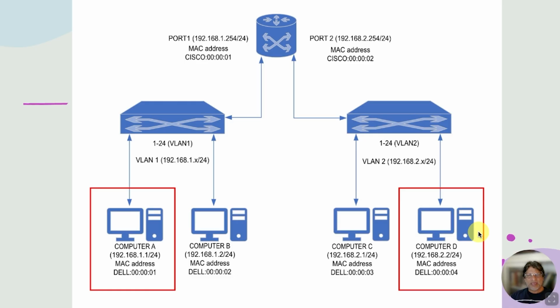If you remember back in lecture 7 of this course, I had presented to you this network diagram. In this network diagram, we basically had 4 computers, 2 on each side of the network: 2 computers belonging to VLAN 1, and 2 computers belonging to VLAN 2.